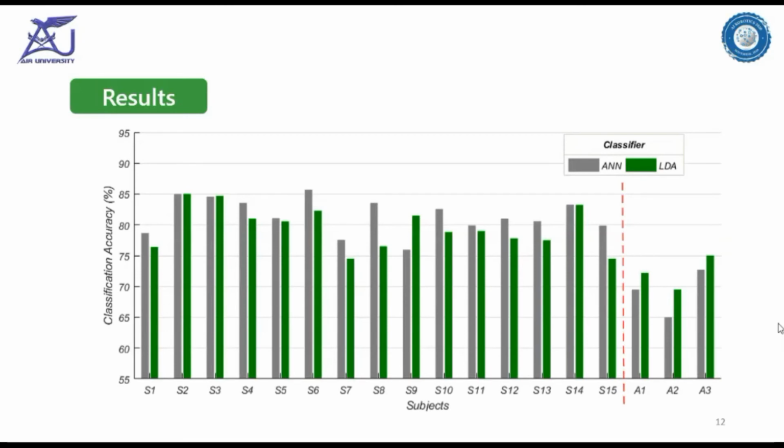So these are the classifier results. An interesting fact was that not only does EMG perform badly when the residual muscle is not enough or there is a long time since amputation. Like this one, you can see amputee number 2 was amputated for 42 months.